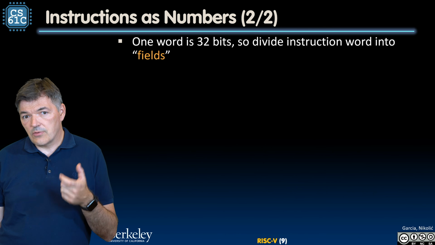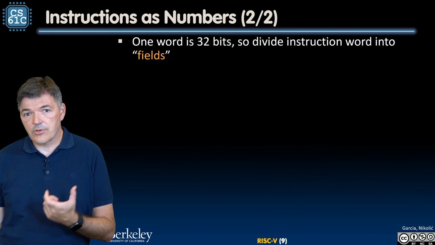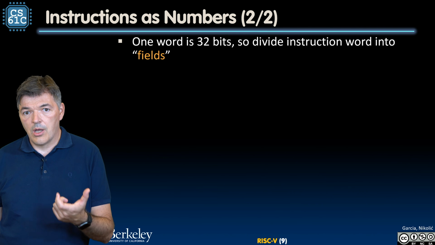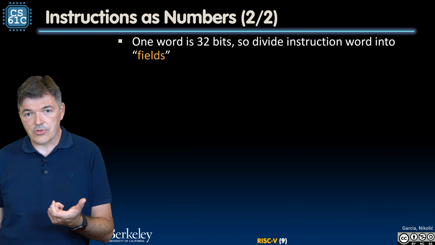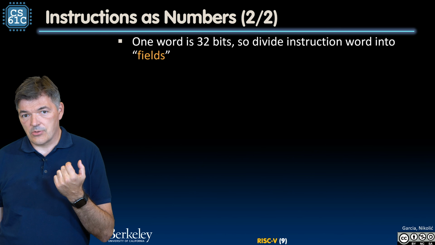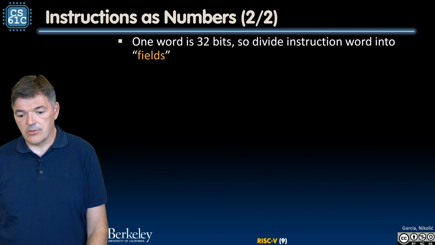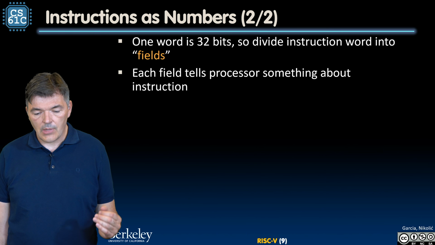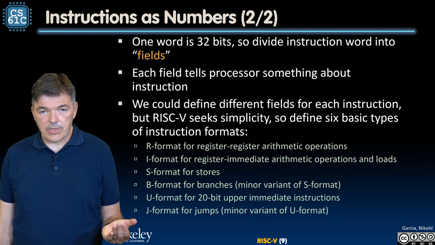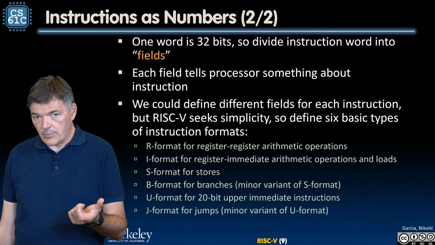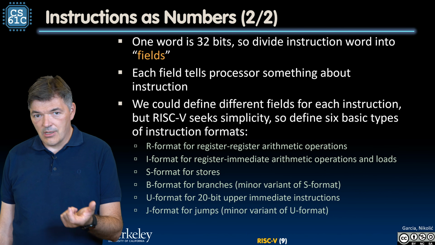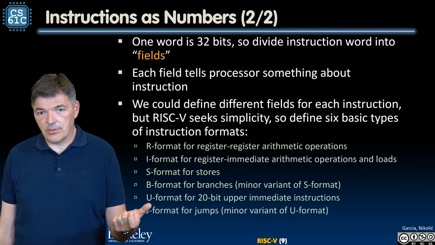We are essentially going to divide it into fields, and these fields are going to give the processor a clue what that instruction is. So it can easily figure out what we are trying to do and execute it quickly. Each field will tell the processor something about the instruction, what type of instruction it is, and which registers it operates on.